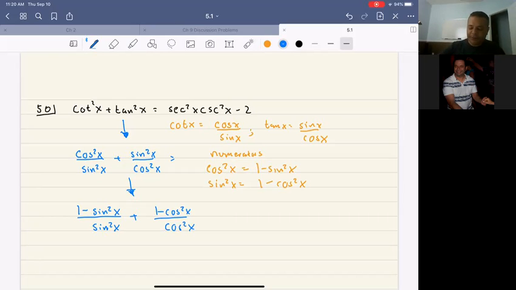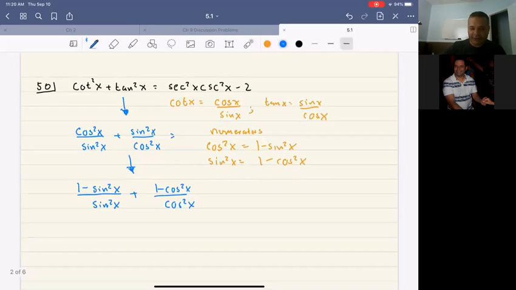So now I'm going to split these up. I get my 2 out. So I'm going to get 1 over sine squared of x plus 1 over cosine squared of x minus 2.